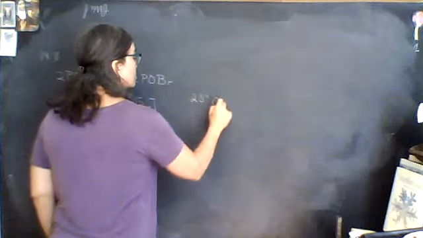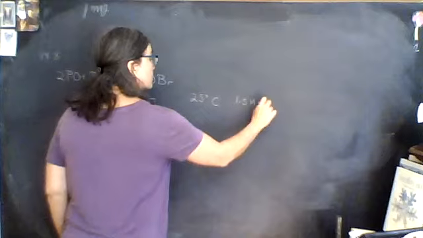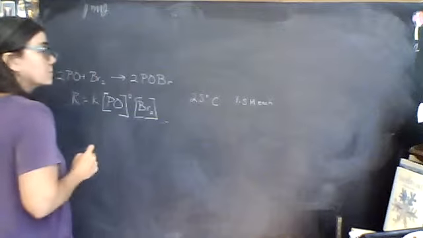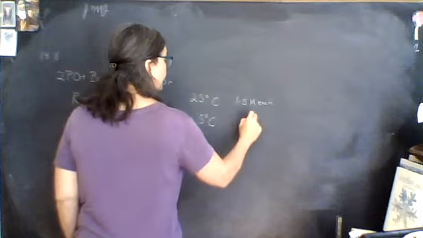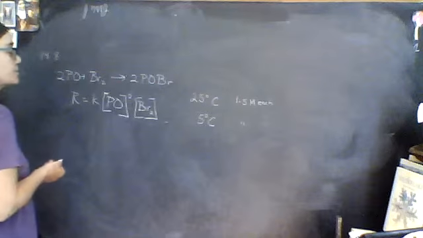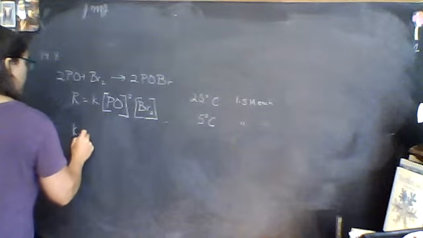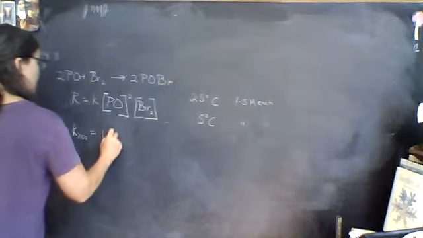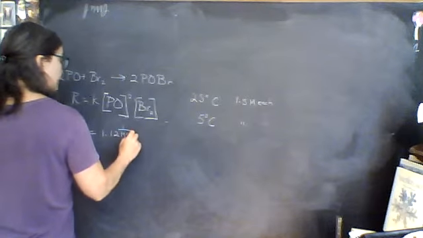If a chemist runs this reaction at 25 degrees Celsius with reactant concentrations of 1.5 molarity each, and then runs the reaction again at 5 degrees Celsius with the same reactant concentrations, what will the reaction rates be in both cases? The rate constant for this reaction at 25 degrees Celsius is 1.12 1 over molarity squared times seconds.